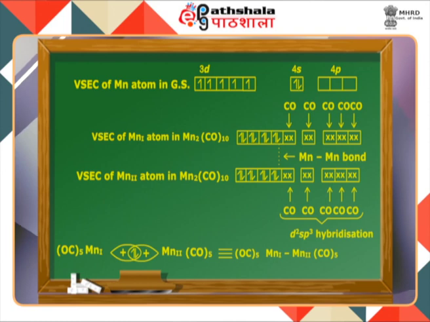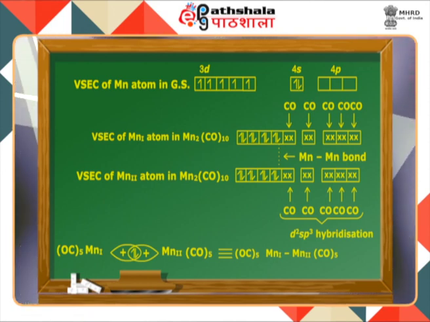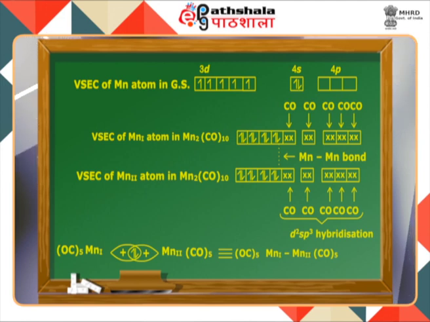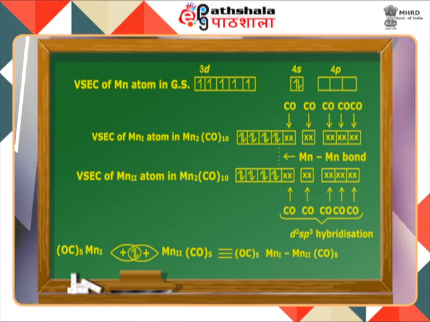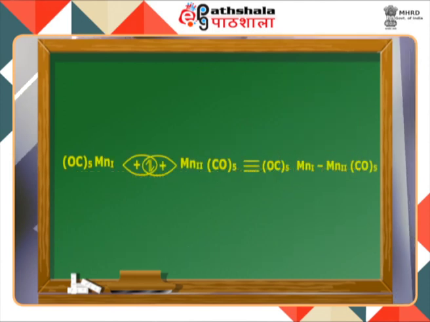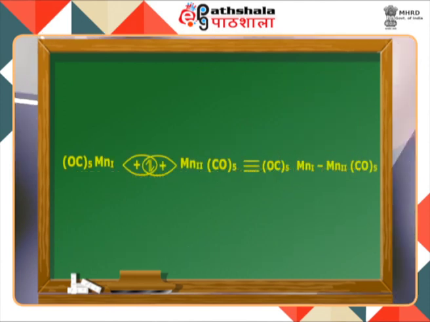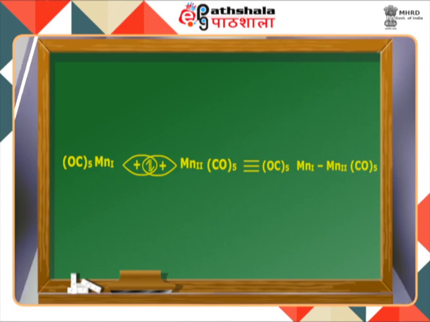In cobalt carbonyl, the cobalt-cobalt bond is formed by the bent overlapping of singly occupied d2sp3 hybrid orbitals of two cobalt atoms, resulting in a bent cobalt-cobalt bond. You can see from the diagram the bent overlapping of singly occupied d2sp3 hybridization.